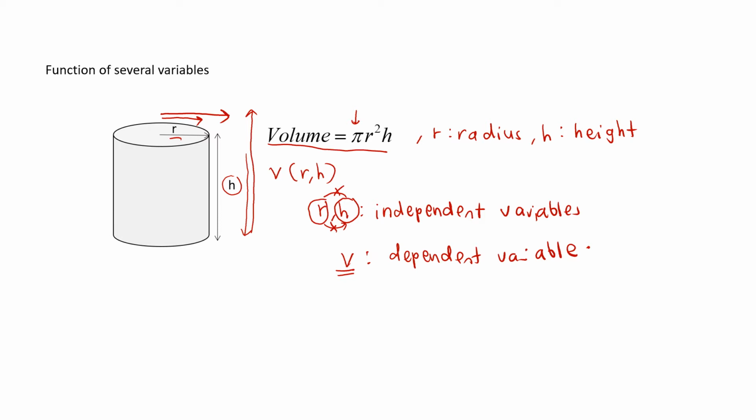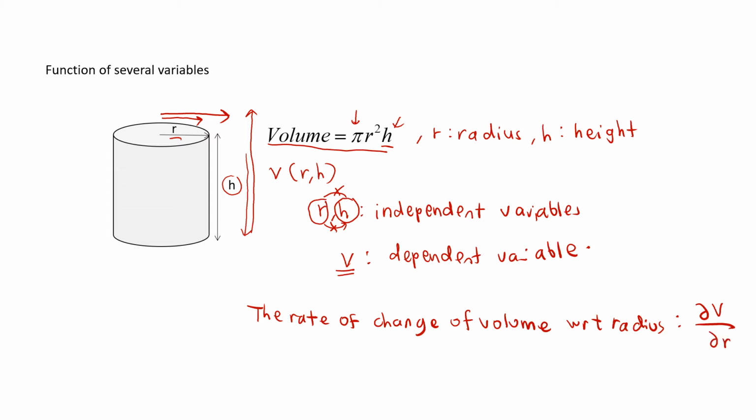So if we want to know the rate of change of the volume of the cylinder with respect to radius, we can treat h as constant, and this can be expressed as partial derivative, where we write it as del V over del r.